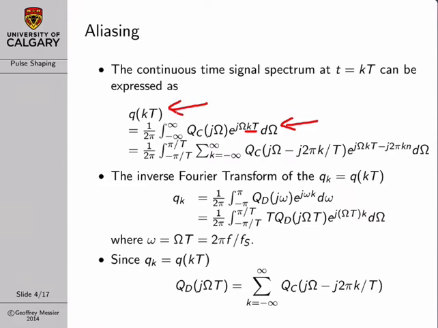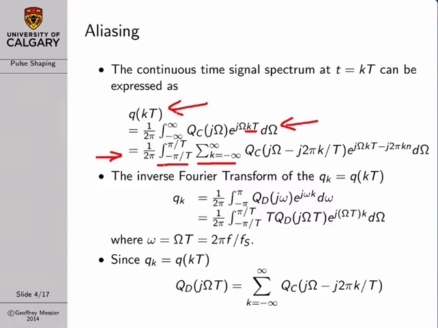Now, this is an integral from minus infinity to infinity, and this third line in the equation is just a manipulation of the equation so that we can write the integral from minus infinity to infinity in terms of a bounded integration from minus pi over T to pi over T and an infinite summation. So basically what this third equation does is it chops the spectrum into pieces of width 2 pi over T, and then the summation just adds them all up together.